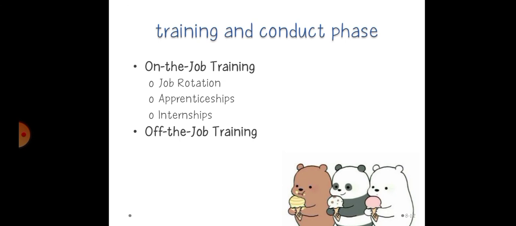So, job rotation, in this kind of OJT, allows employees to gain experience in different kinds of narrowly defined jobs in the organization. It is often used to give future managers a broad background. For example, this week you are in finance, so you will have an idea what happens in this particular department, what the nature of the job is.